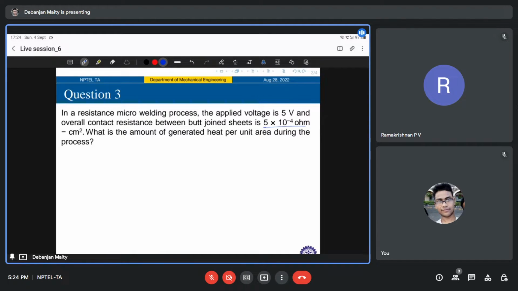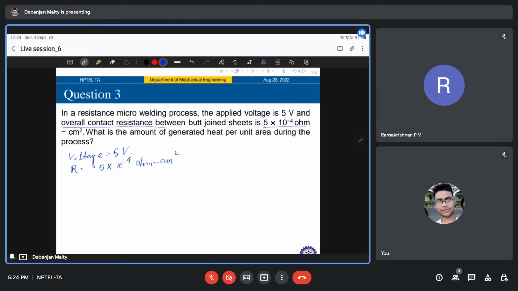So here voltage is given as 5 volt. Overall contact resistance between butt joint sheets is given as 5 into 10 to the minus 4 ohm centimeter square.